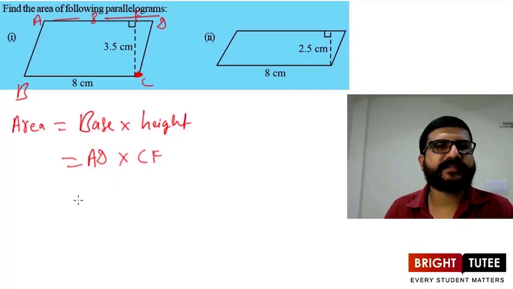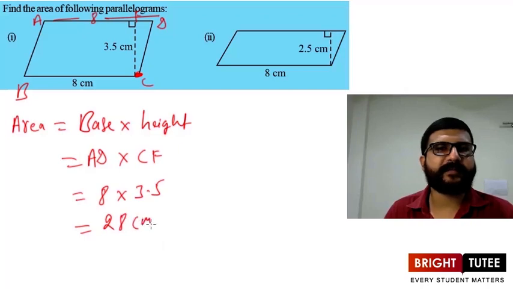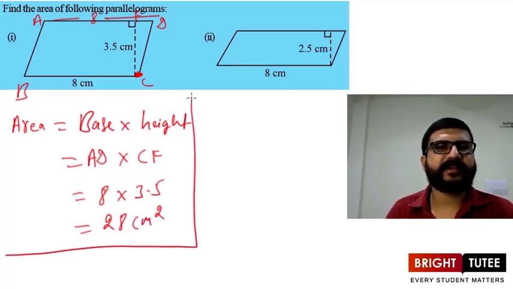So AD into CF will be equal to 8 into 3.5, which is 28 square centimeters. So the area of the first parallelogram is 28 square centimeters.